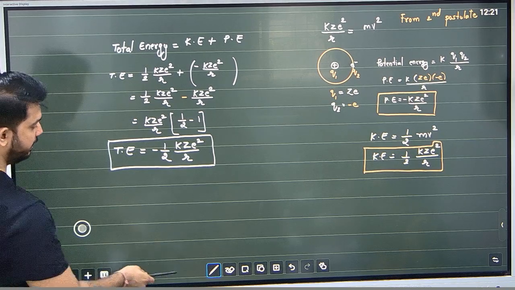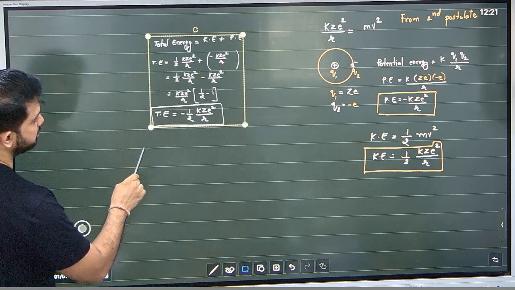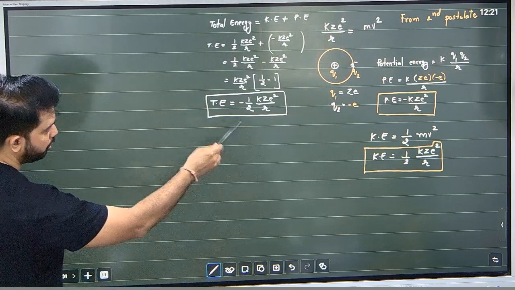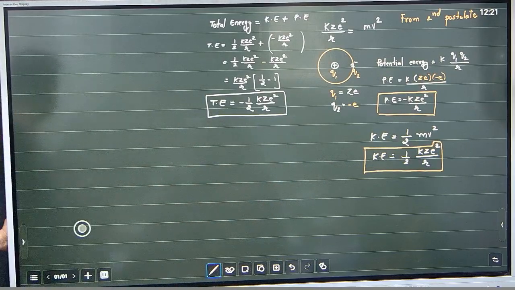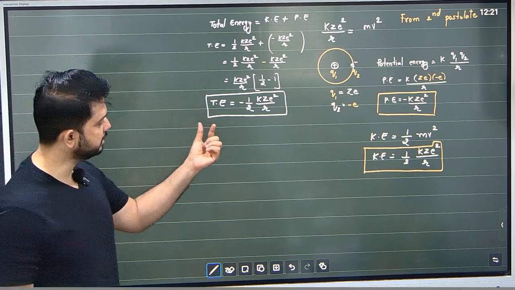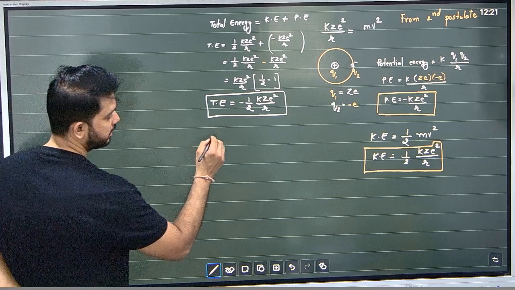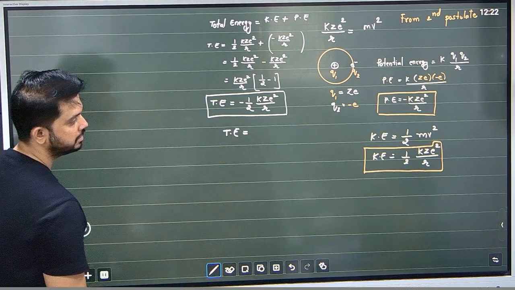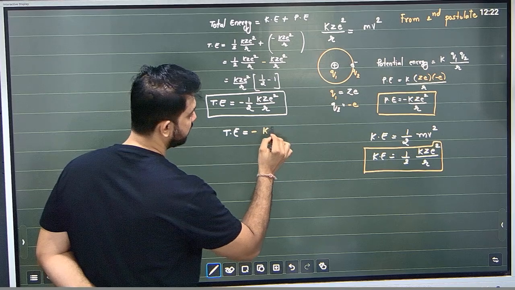Now compare the values and tell me, what do you observe? If I compare total energy with kinetic energy, what do you see? Total energy is equal to negative of kinetic energy.